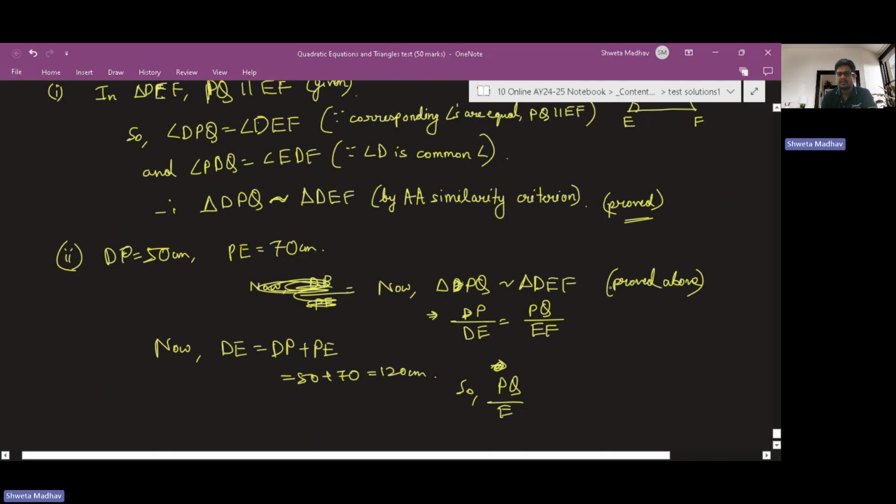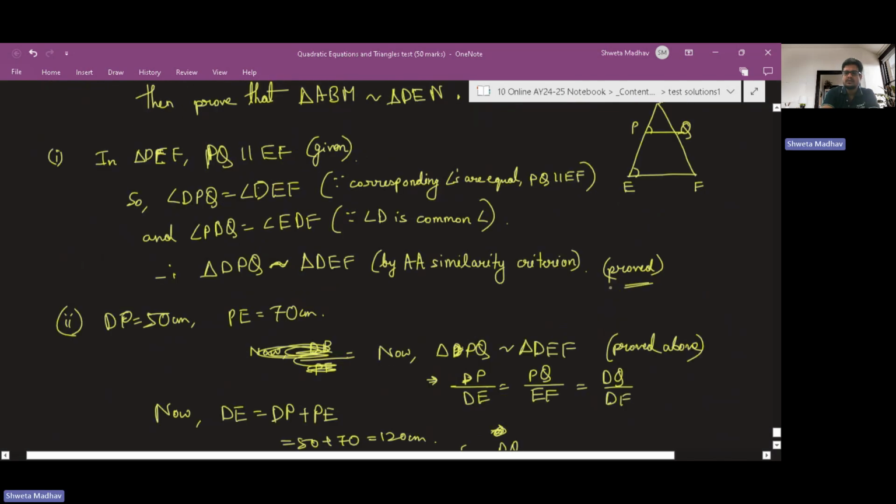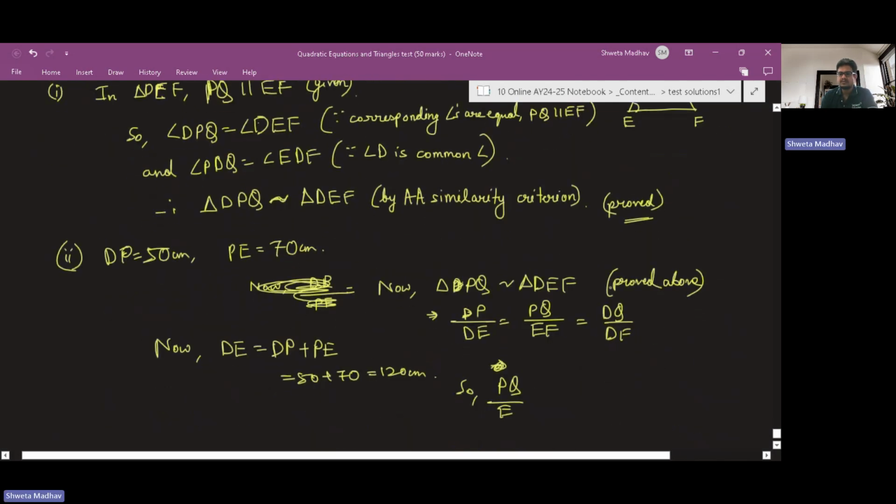DP by DE is equal to PQ by EF, which is also equal to DQ by DF. The reason is that corresponding sides of similar triangles are proportional.